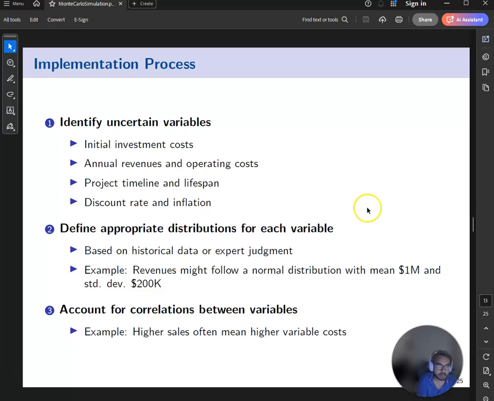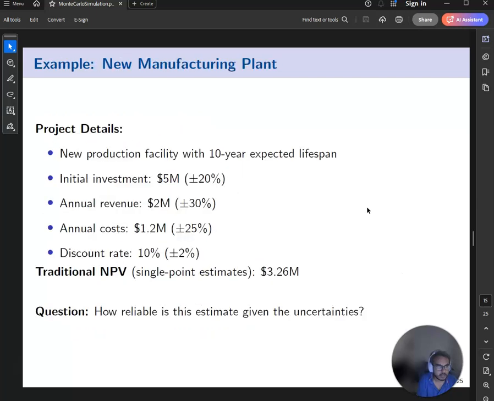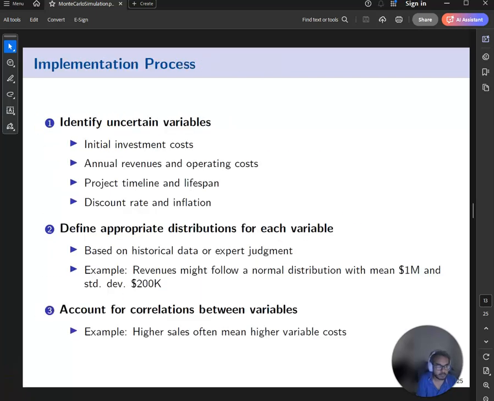For example, there can be uncertainty in the initial investment cost. Suppose you're planning to spend X million dollars, but there's no guarantee that you will be able to get enough funding as an initial cost.